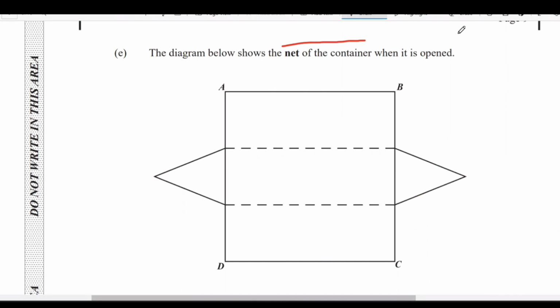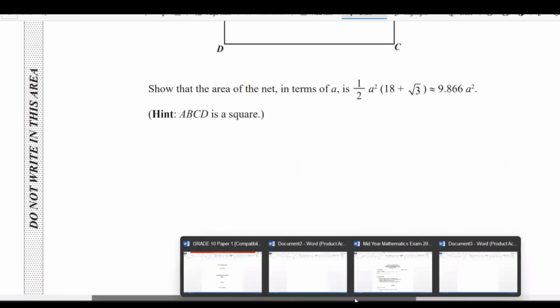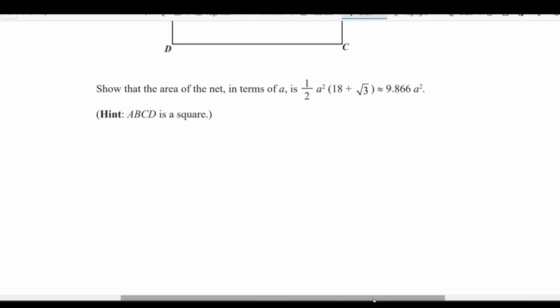What is the question focusing on in this? Show. So the question is saying, guess what? Show that the area of the net in terms of A, it is still in terms of A. Show that the area of the net in terms of A is half A squared, open bracket 18 plus the root of 3. And they are suggesting that that has the same meaning as this.